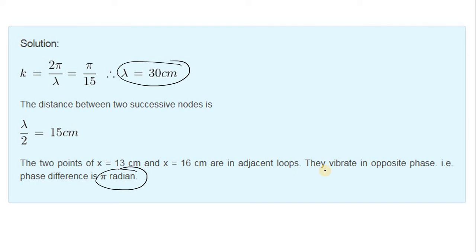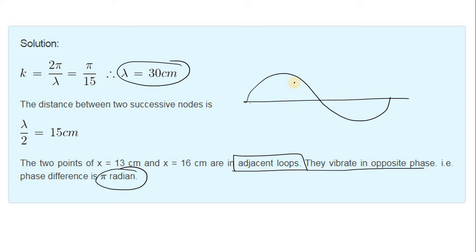And then the reasoning is that they vibrate in the opposite phase because they are located in adjacent loops, here and here. Therefore, their phase difference should be pi radian.